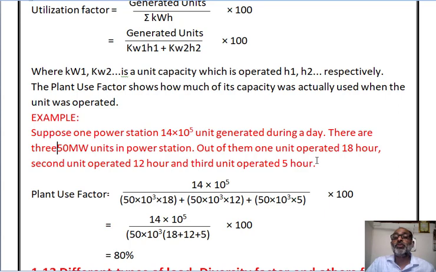Out of them, one unit is operated for 18 hours, the second unit is operated for 12 hours, and the third unit is operated for 5 hours. From that we can find the plant use factor. It is the number of units generated per day divided by kW1H1 plus kW2H2 plus kW3H3. Just put in the values of kW1H1, kW2H2 and kW3H3. From that we get the plant use factor as 80%.